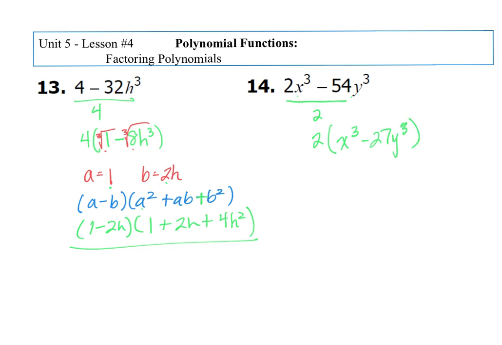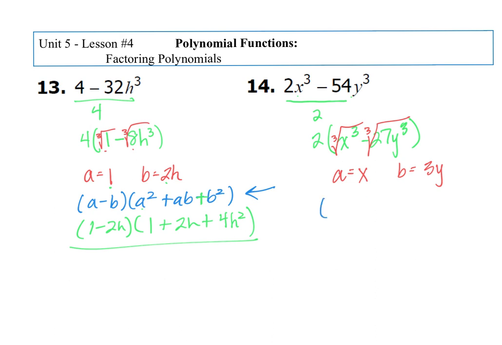All right, so now I've got 2 perfect cubes inside those parentheses. So let's find out what a and b equal. A is the cube root of our first term. The cube root of x cubed is just an x. The cube root of 27y cubed is 3y. So again, look over here at this formula that's written on this screen.